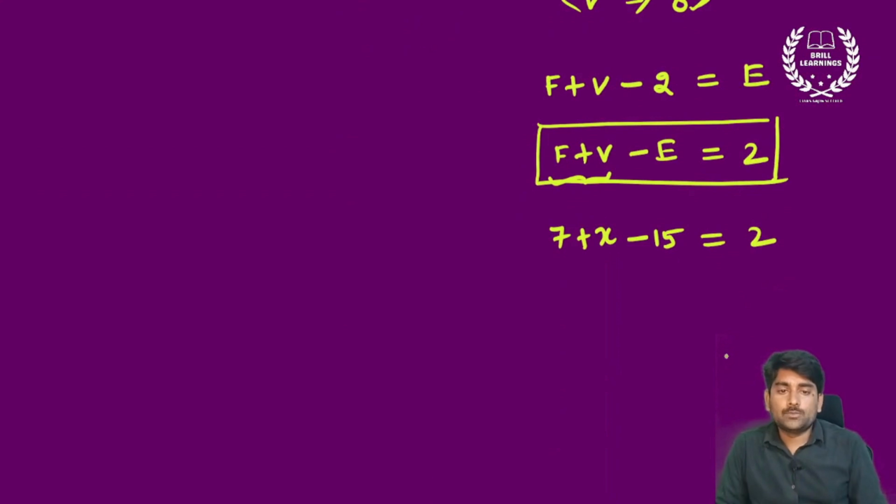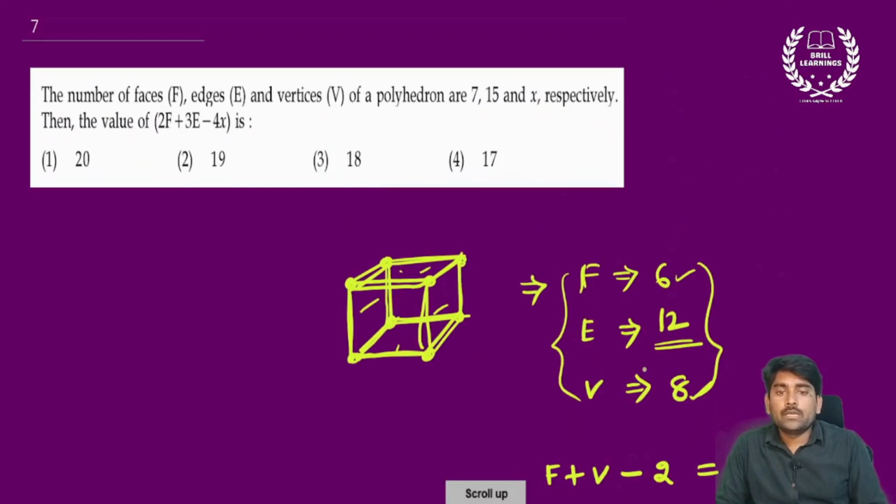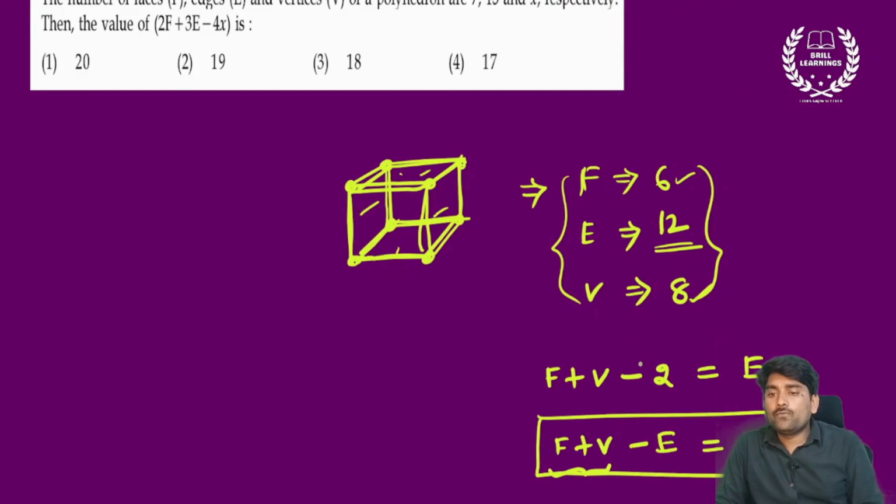Now simplify this expression. Okay, for the x value, you will get 8 here minus 8 here, bring that value to this side. You will get 10. The x value is 10. Now what is the value of 2f plus 3e minus 4x?